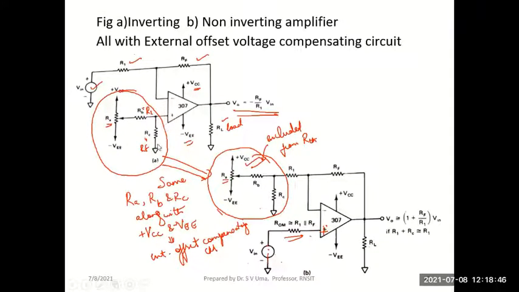So I'll use an external compensating circuit to compensate for that offset voltage or the error voltage. Please remember, offset or error voltage is that voltage which appears at the output when both input signals are 0.